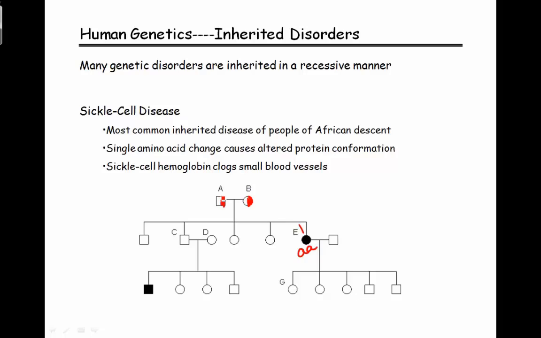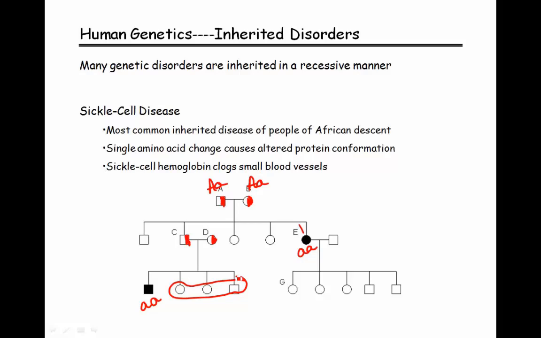So we can shade them in and designate them as carriers if we wanted to here. Notice that this one's sibling over here must have been a carrier because they also had a child that had sickle cell down here. These three individuals, if they've got a brother that has sickle cell, could potentially be carriers, so they may want to get tested as well.